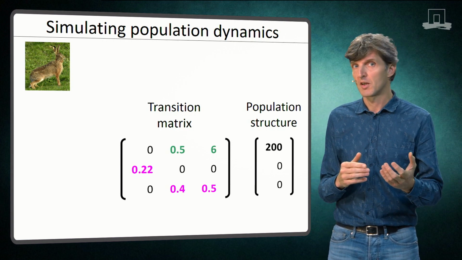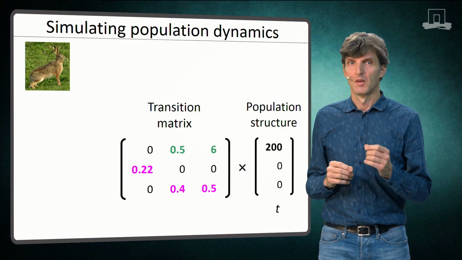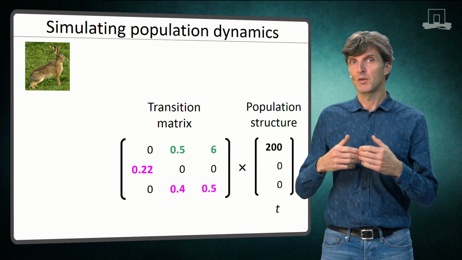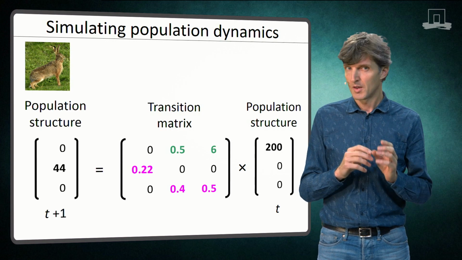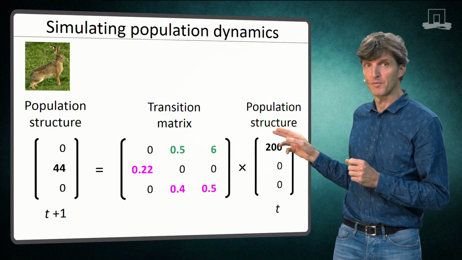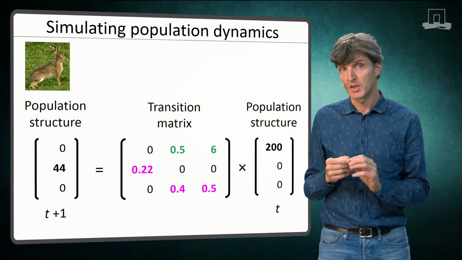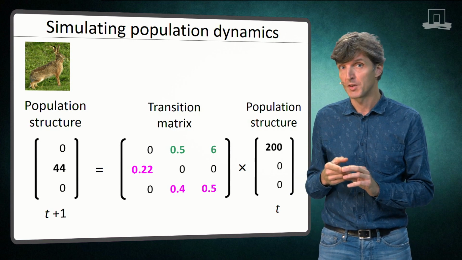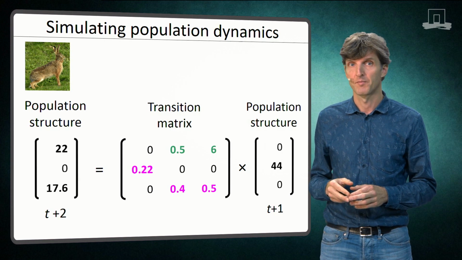In this case, we start with a population consisting of 200 newborns. Now you can simulate the dynamics by doing matrix multiplication of the transition matrix with the vector. And the result is the population structure at time t+1 over there. We had 200 newborns at time t, of which 22% survived to become 1-year-olds, equaling 44 individuals at time t+1.